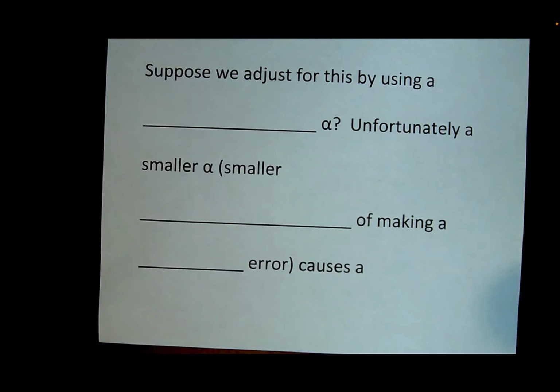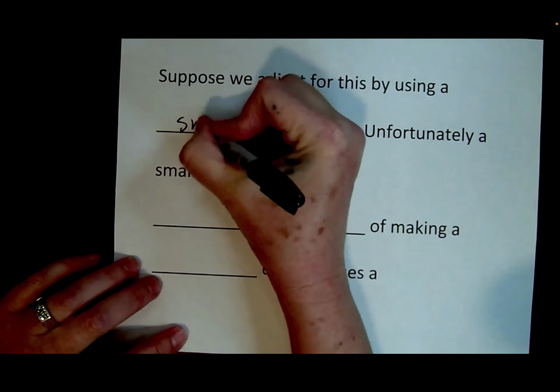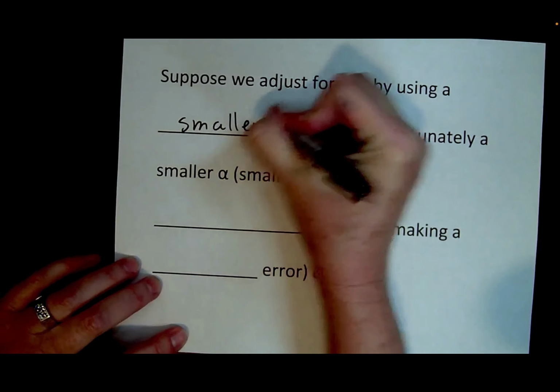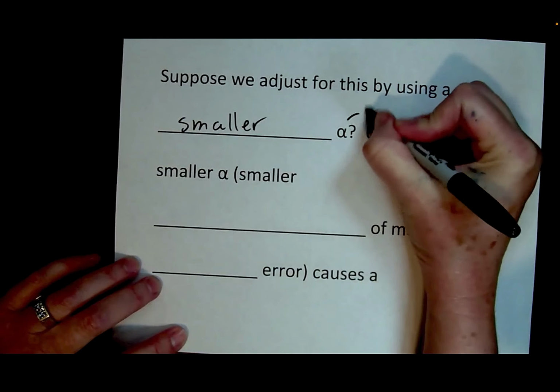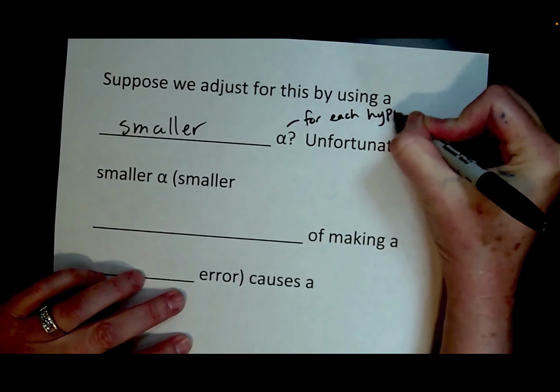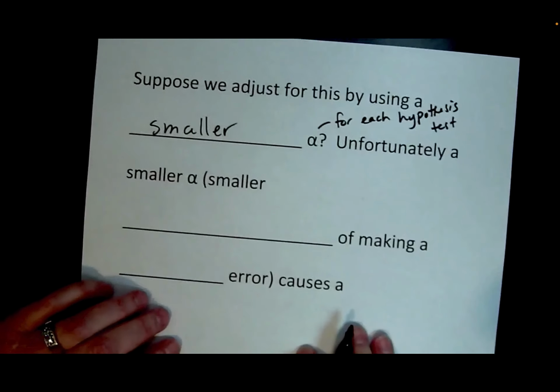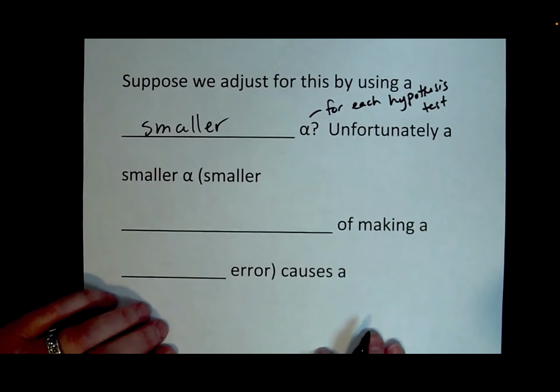Okay, so let's run with that idea. Suppose we adjust for this by using a smaller alpha for each hypothesis test, so that the final alpha comes out to be the 5% we want.